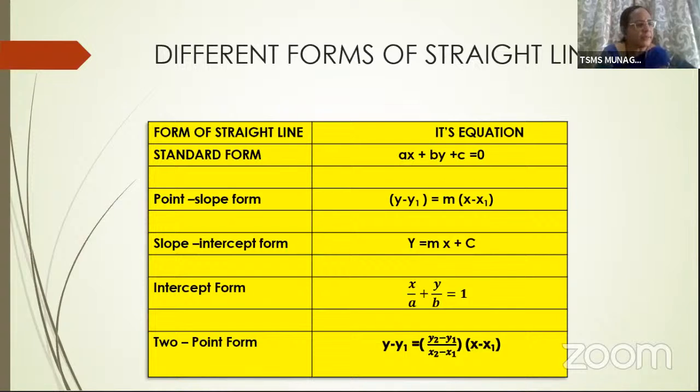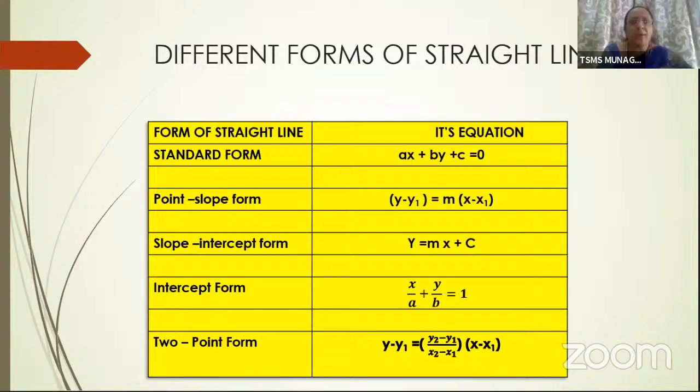The intercept form is x by a plus y by b equal to 1. The two-point form is y minus y1 equal to y2 minus y1 by x2 minus x1 into x minus x1. These equations we ought to remember, and my dear students, they play a very important role in the entire chapter, and you will be using these forms in other subjects like physics and chemistry also. So please remember, whenever there is a linear equation in x and y, it obviously means it is a straight line. Now we go with more forms.